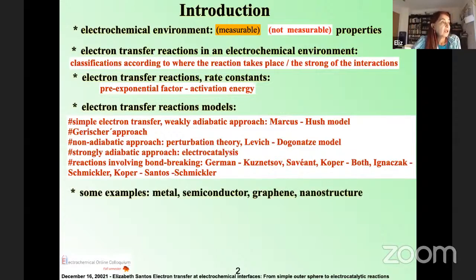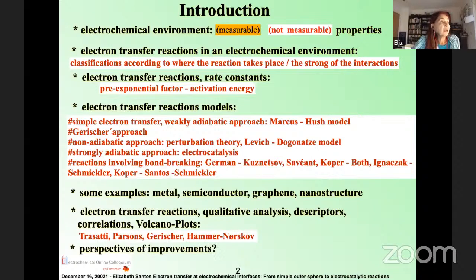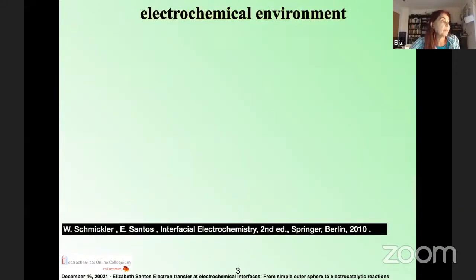Later I show some examples of electron transfers at different electrode materials and different reactants. And then I will talk a little about descriptors and the qualitative analysis using correlations or volcano plots. And then at the end, I want to discuss with you the perspectives to improve and to learn more about electron transfer reactions.